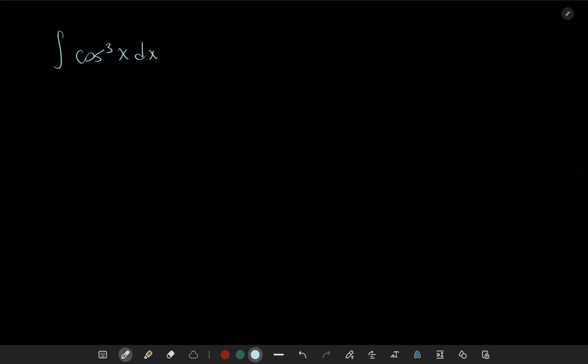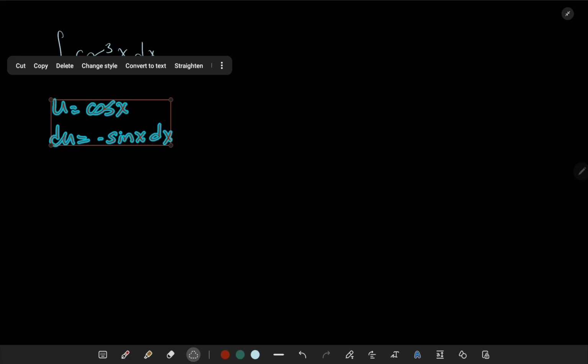It seems kind of u equals cosine. Well, let's say, okay, again, this is not going to work, but we'll show why. So let's say cosine of x is our u. The du becomes negative sine of x dx, and I don't have a sine here, so that would not work.